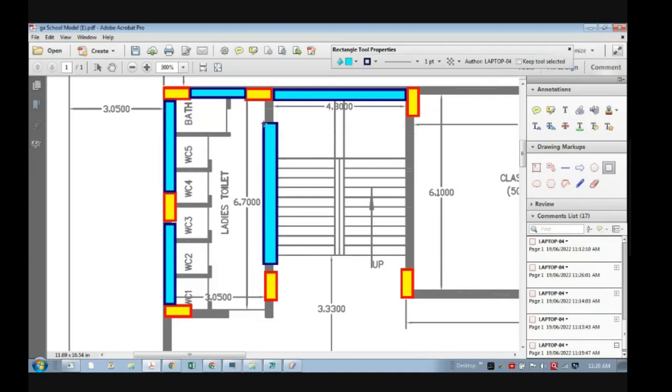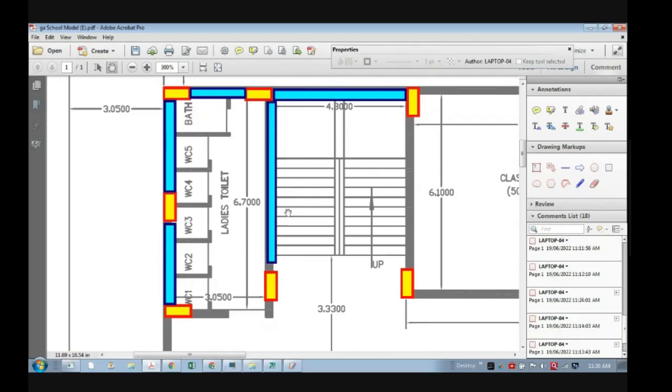Now you see here what is happening. Just check it here. As this column is here, now this beam is resting partly on the column and partly on the beam, isn't it?